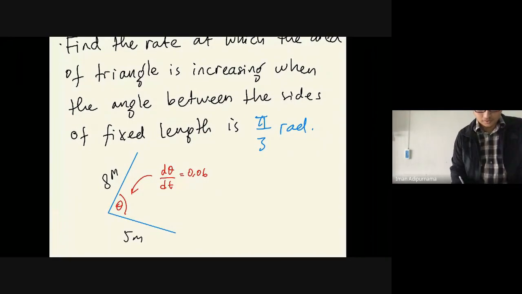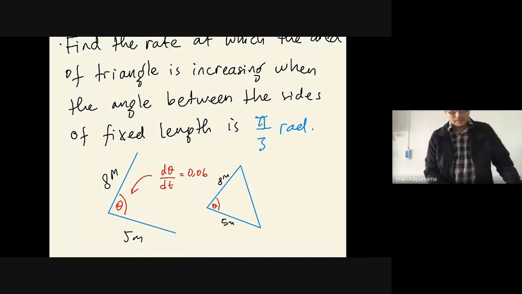I have this as my triangle. This is theta, this is 8. 5 should be shorter, but yeah.